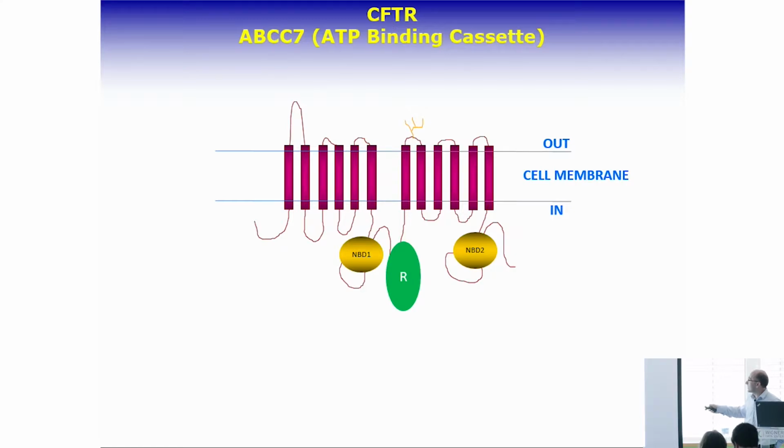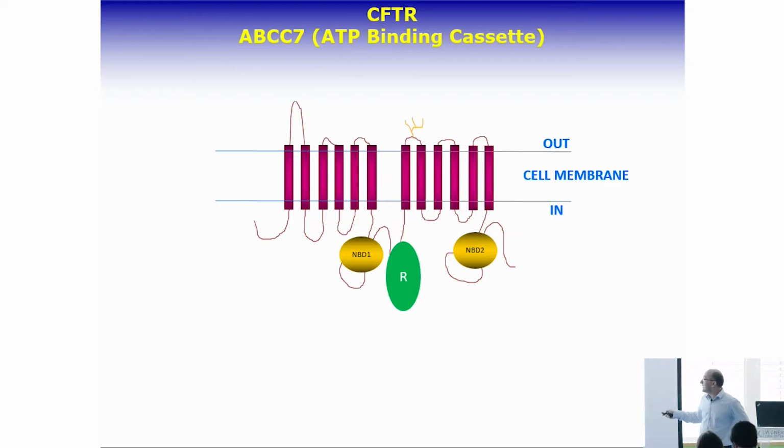It has two large transmembrane domains and two nucleotide binding domains in the cytosol, and also a disordered regulatory domain. The phosphorylation of this regulatory domain is a prerequisite of the function, and then ATP binding to the nucleotide binding domains gates the channel. So the channel opens and closes.